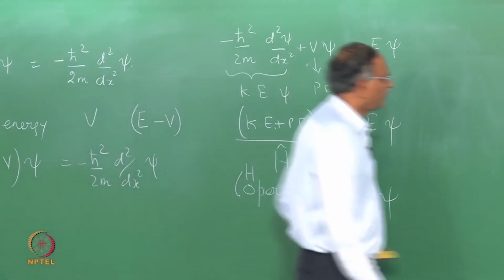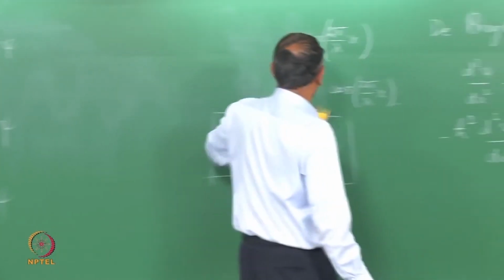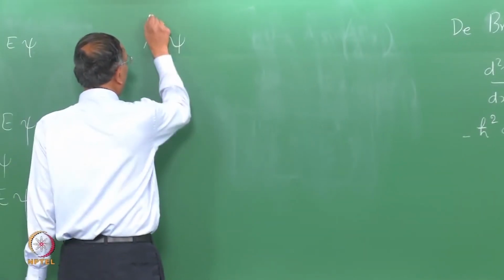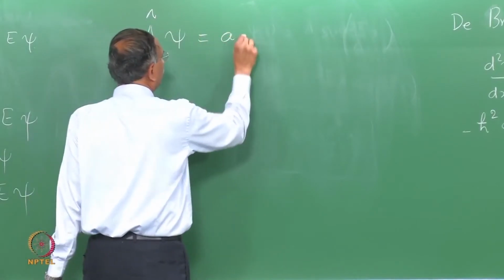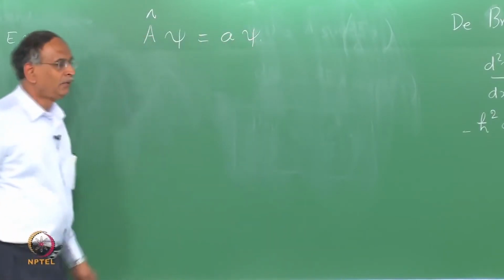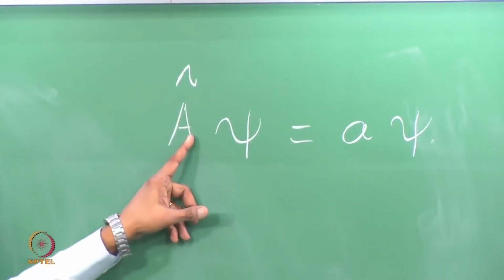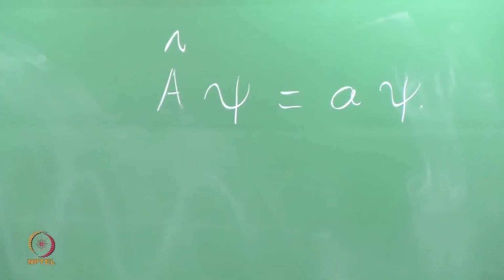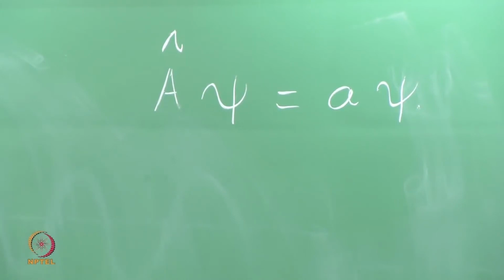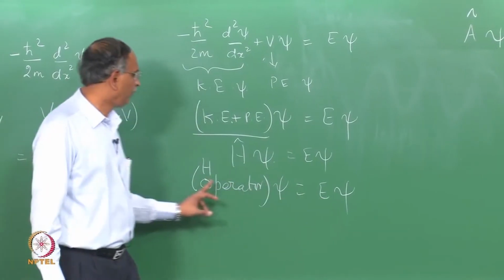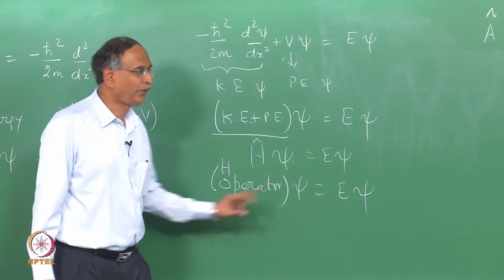Suppose instead of H, it's any other operator that we are going to look at, A psi, any operator giving some constant times psi. Please remember, this constant has to have the same dimension as the operator A here, in the same way that this constant has the energy dimension for the Hamiltonian operator, which is also energy.